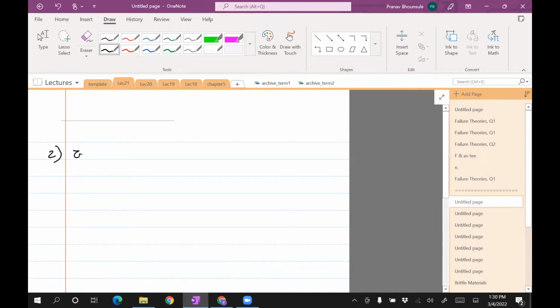Step 2, tau max is, remember, sigma 1 minus sigma 3 divided by 2. In this case, it also happens to be the radius, which can be computed.